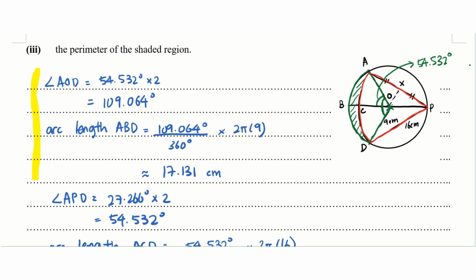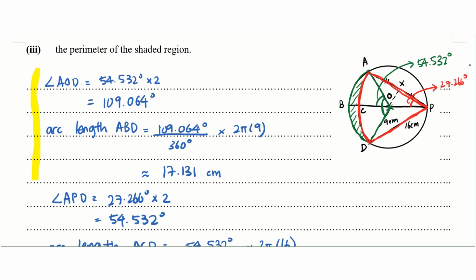For the next part of the question, we will need to find out what the arc length ACD is. So the arc length ACD requires the angle APD. And the angle APD would be 27.266 degrees times 2, because this angle that we have found in part 1, which is angle APO, is 27.266.